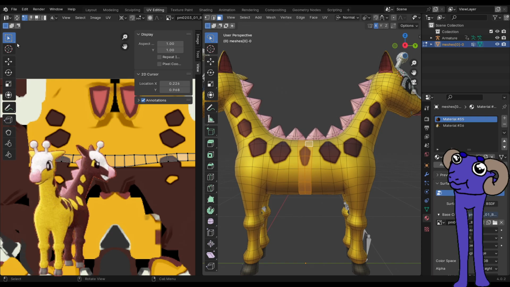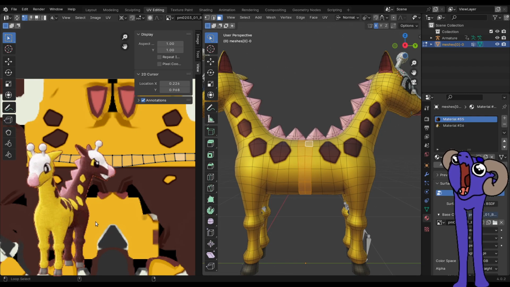And save and okay. And then we can just go into here and reload and boom.